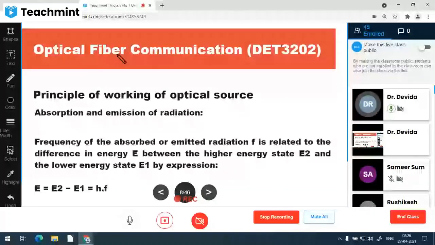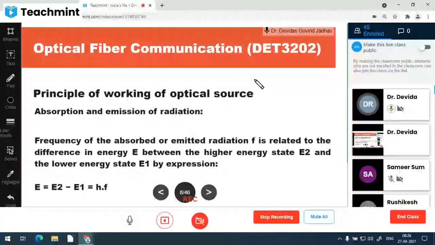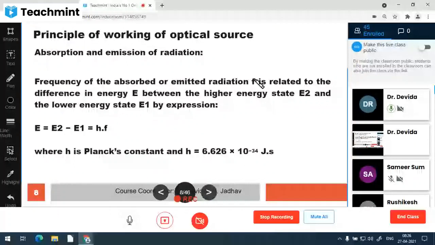Then the principle of working of optical source. The absorption and emission of radiation, in which the frequency of absorbed or emitted radiation F is related to the difference in energy E. How much is this difference?